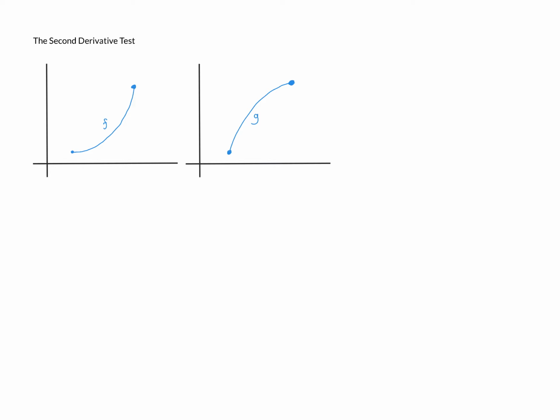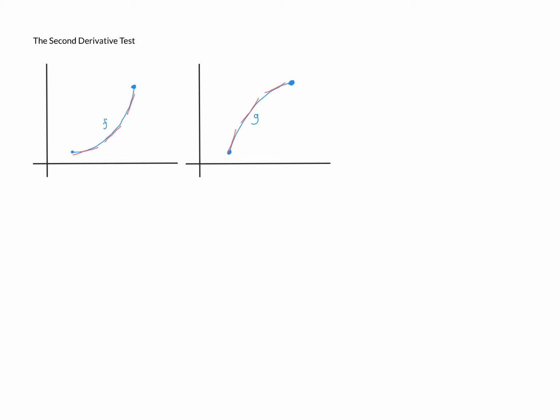Another way is to look at how the tangent lines to the curve end up going. I'm not going to be able to draw these beautifully because I'm doing everything by hand. But for the graph of f, all of the tangent lines were below the curve, and for the graph on the right, all of the tangent lines are actually above the curve.